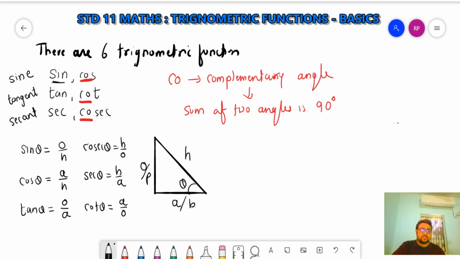Okay, so these are the ratios of a right angle triangle.